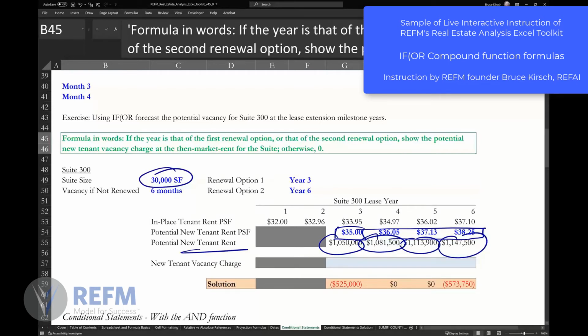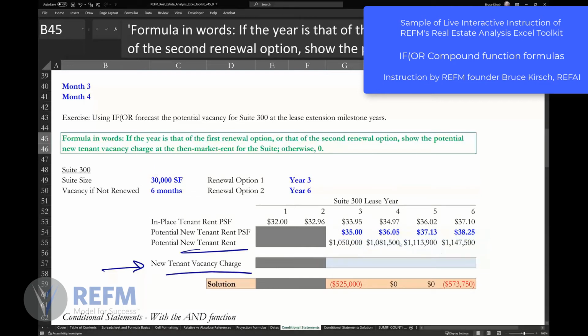Well, the goal was to figure out what vacancy is going to be in those years, potentially. How long is it going to be vacant? I have no idea. Got to put a number to it, though. So I'm saying, all right, I think it's going to be vacant for 6 months. While I deploy my leasing team at some point during year 2, if the tenant vacates at the end of year 2, there's going to be some span of time where there's going to need to be demolition and construction, the TIs.